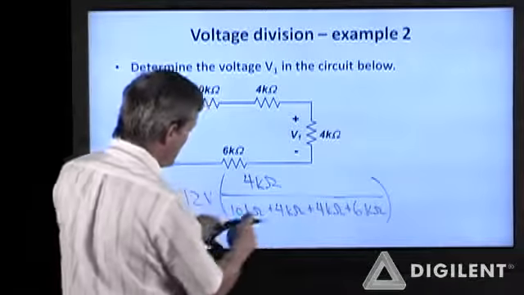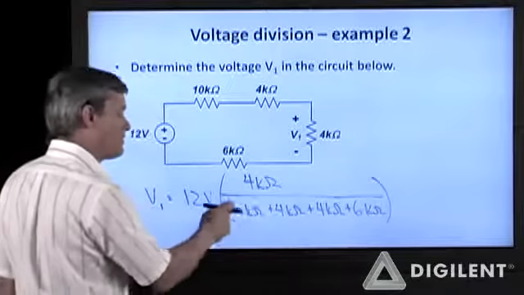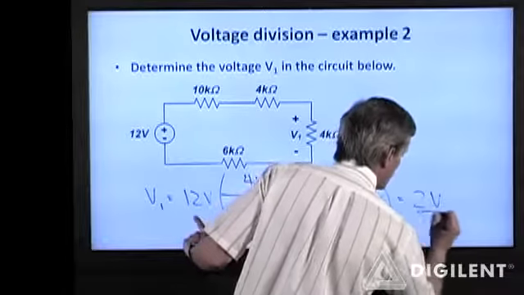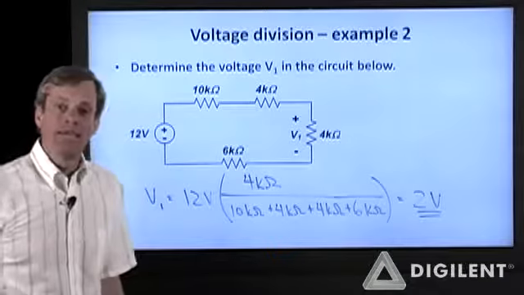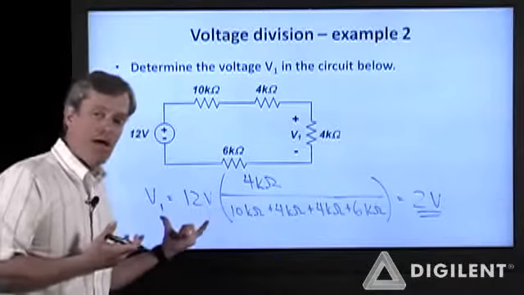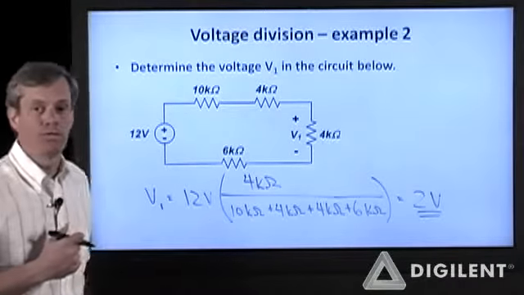Let's see, 4 and 6 is 10, 10 and 10 is 20. This is 24. 4 over 24 is 1 over 6. This is 2 volts. Easy to do if you recognize this as a series combination and apply the appropriate voltage divider formula.